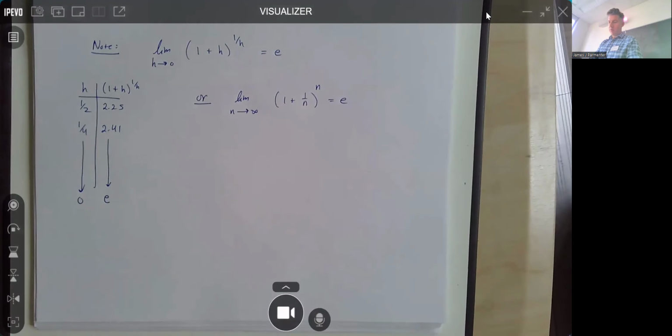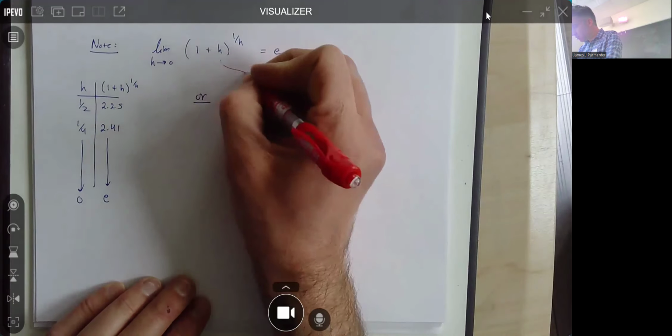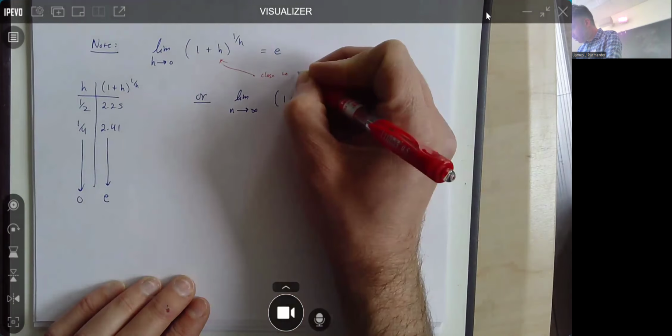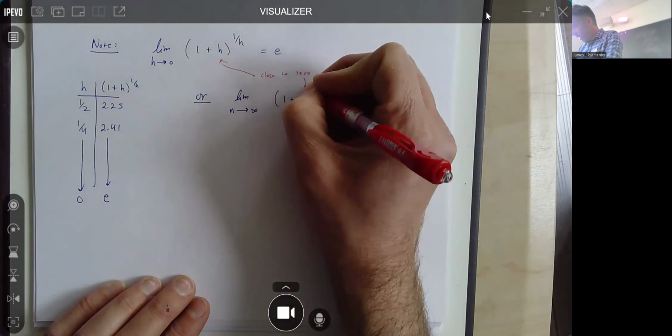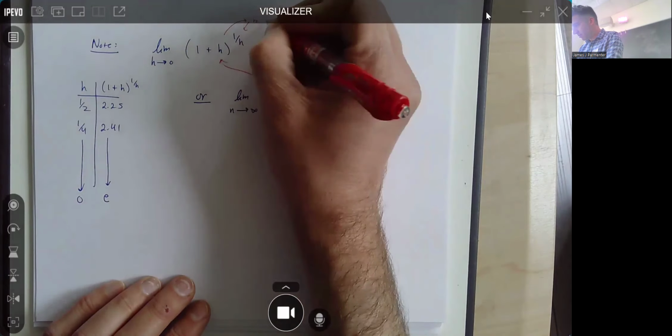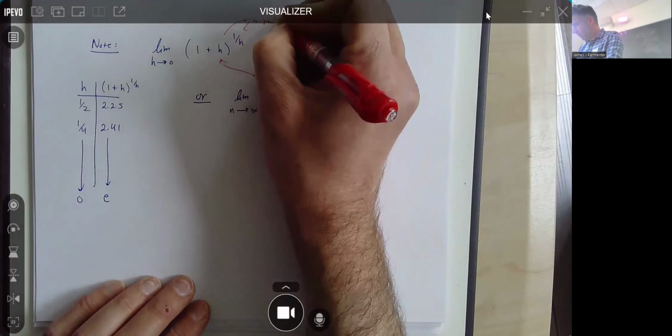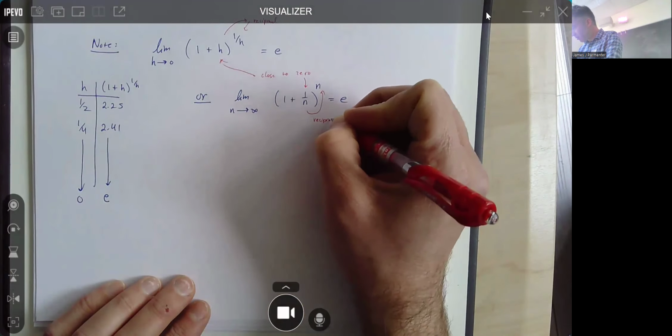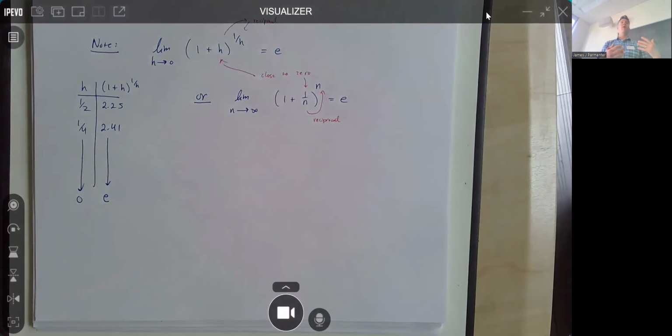Basically, if you have 1 plus something small, something getting close to 0, and the power there is the reciprocal of that thing, then the limit of that is always going to be e. So 1 plus a small thing raised to a large thing, as long as those things are reciprocals, the limit's going to be e.